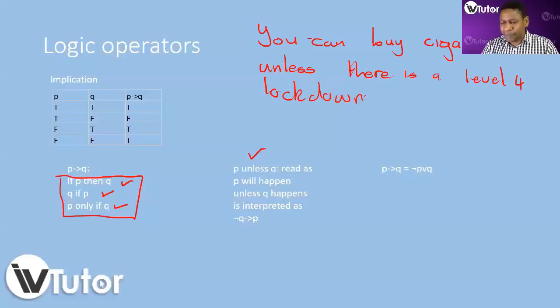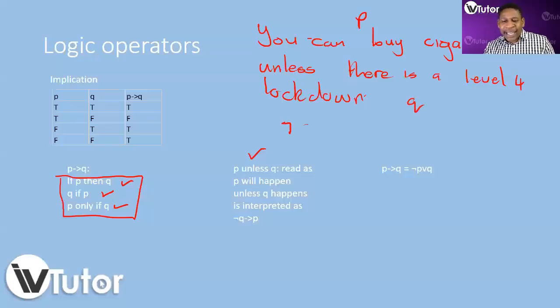What does this statement say? We are saying you are allowed to buy cigarettes unless there is a lockdown. So if there is a level 4 lockdown, then you are not going to be able to buy cigarettes. How can we interpret this in plain English? We are saying the lockdown is prohibiting you from buying cigarettes. So say P is buying cigarettes, and Q is level 4 lockdown.